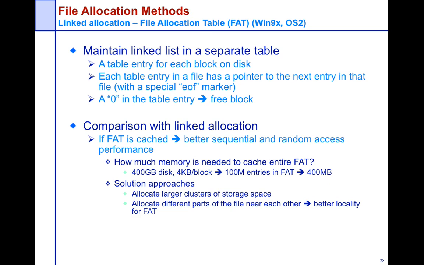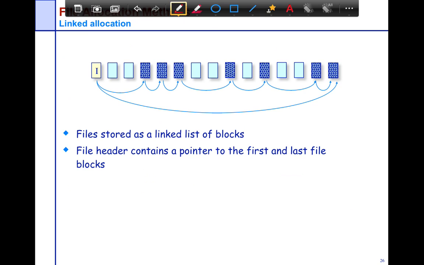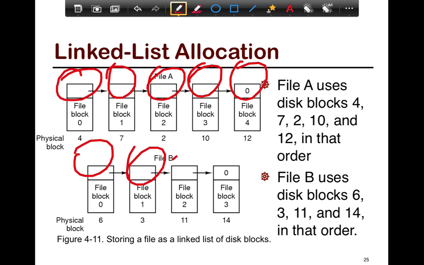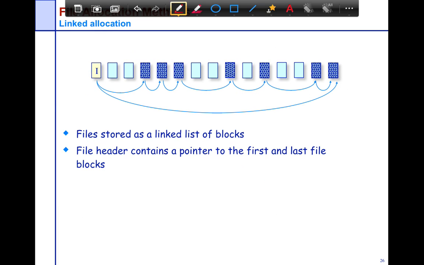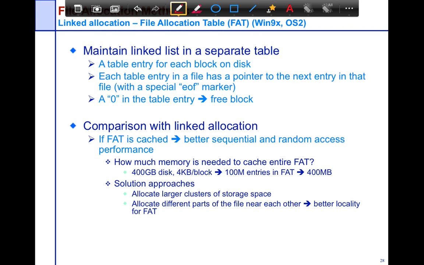This is the approach that the earlier Windows systems took, which is called FAT, or File Allocation Table. What they do is take all the linked lists and move them to a separate metadata structure. They take all these pointers and co-locate them on a separate table, so that first of all you make the sectors once more uniform in size, and that's a big advantage.